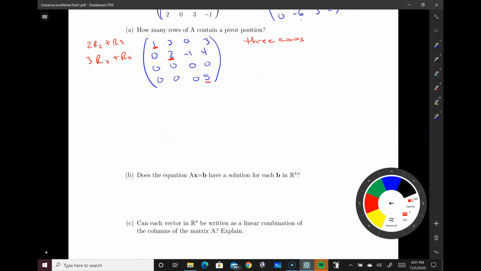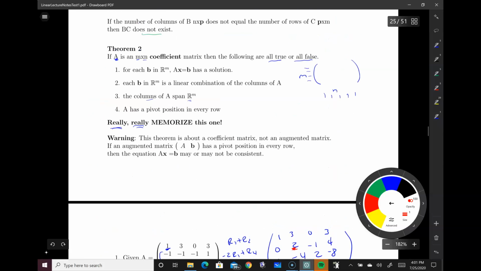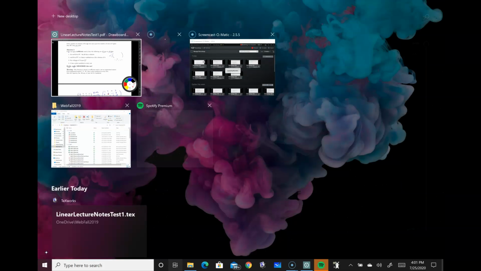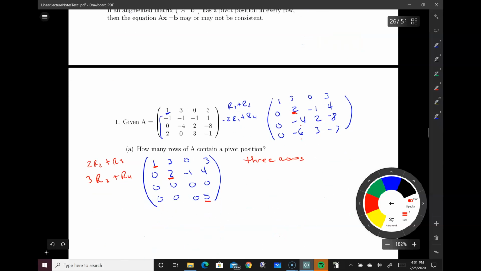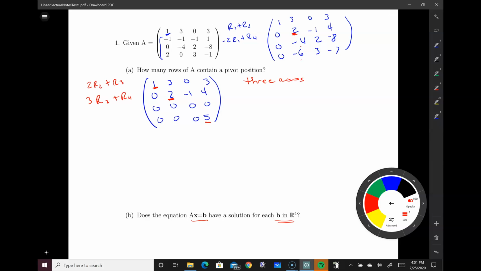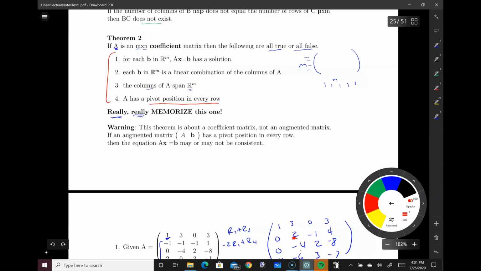All right. So then the next question is, does Ax = b have a solution for every b in R4? So let's go back to our really, really important theorem here. So here I have this theorem that says A has to have a pivot position in every row in order for us to have a solution for every b.